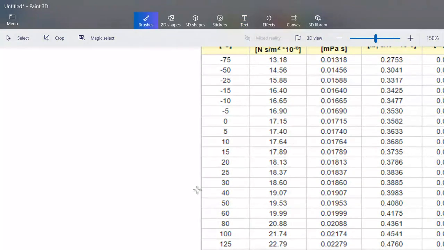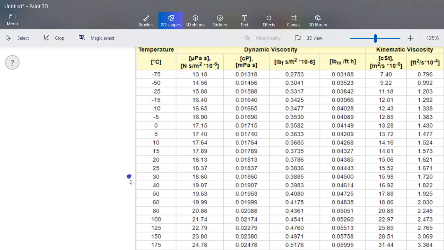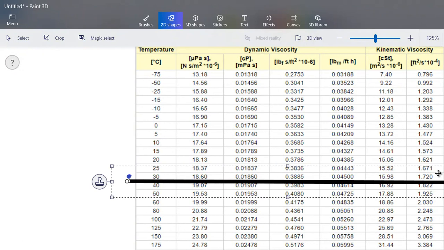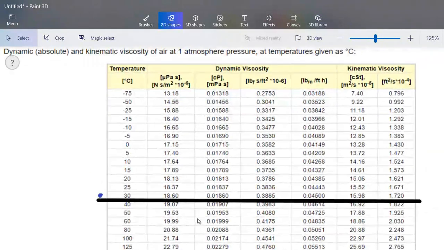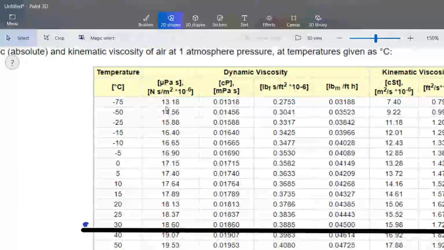So we have here 30 degrees, so that will be 18.6.